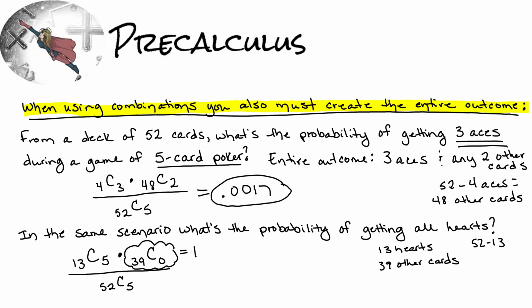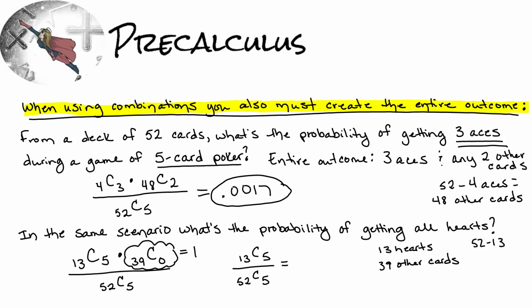So if you would just write 13C5 over 52C5, you really are creating the entire outcome, even though on the top you only put the part about the hearts. It's because the other number about the non-hearts just ends up equaling 1. So it's really optional. You don't have to write that portion.